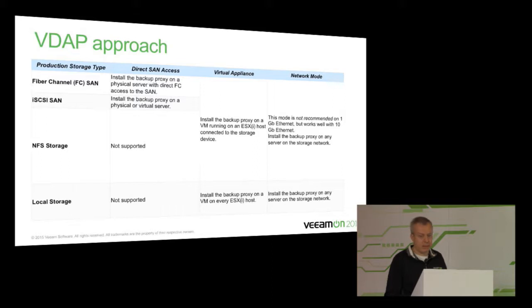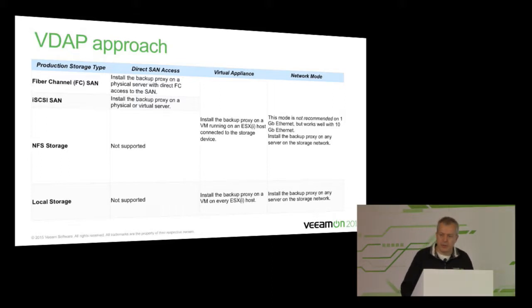It depends on how your backup infrastructure is built, and how you want to provide the transport of the data. For NFS, for sure, the direct SAN access mode is not supported, not through the standard API. You can use the virtual appliance or the network mode. It depends on your needs.